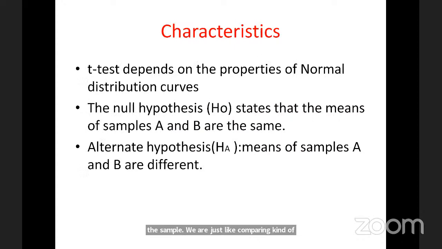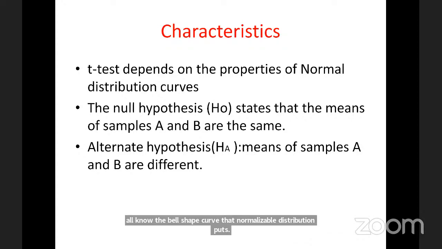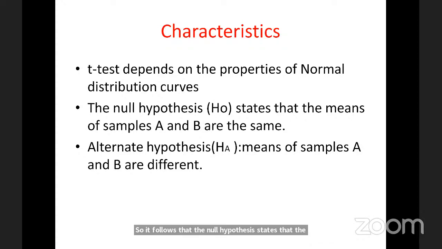Next, the characteristics. The t-test depends on the properties of a normal distribution curve. We all know the bell-shaped curve, the normal distribution curve. So it follows that. The null hypothesis states that the means of samples A and B are the same. And the alternate hypothesis states that the means of samples A and B are different.